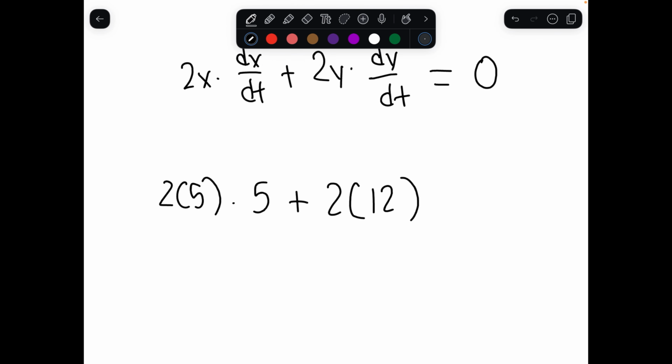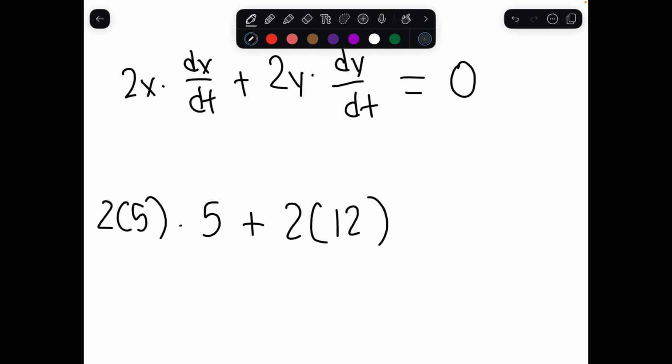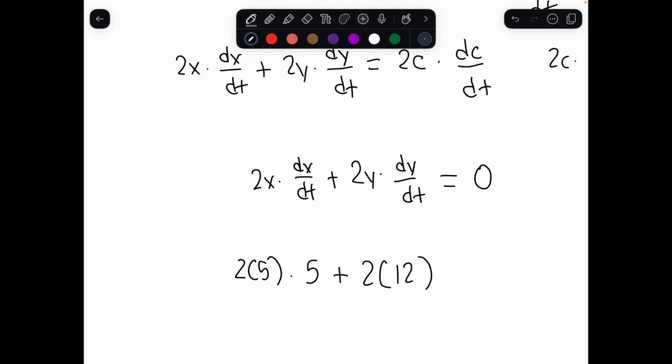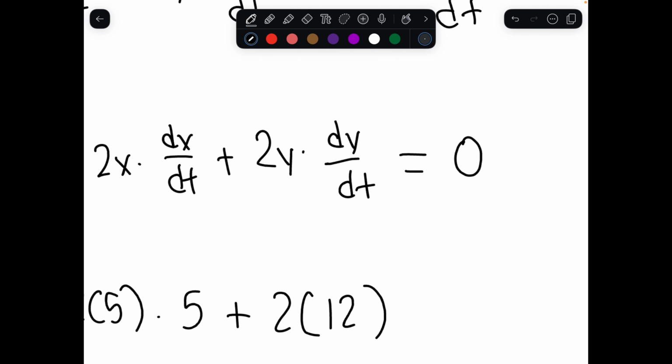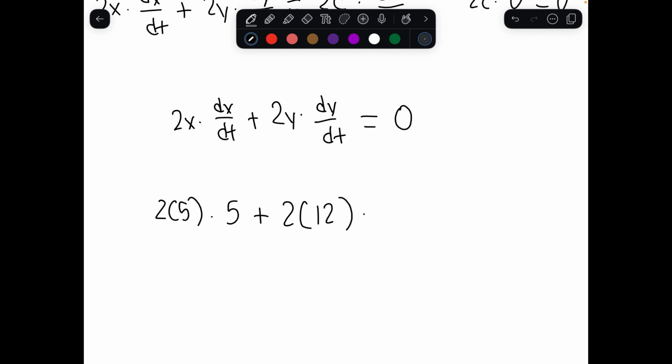And that again shows why we needed to solve for y, right? Because if we solve for y, then we know what y is, and that allows us to find dy/dt, times dy/dt equals 0.